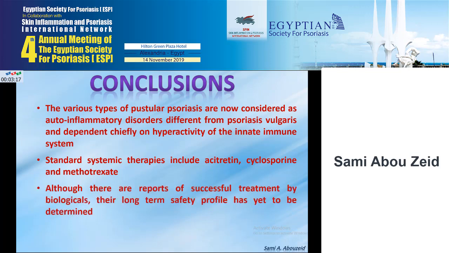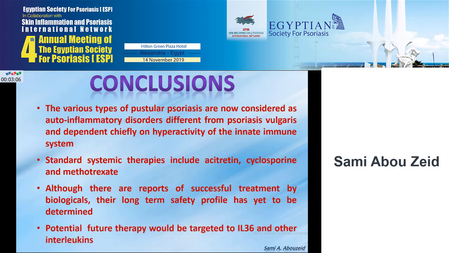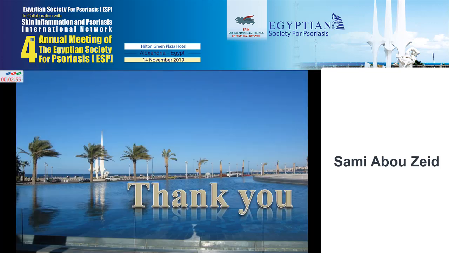Although there are reports of successful treatment by biologicals, their long-term safety profile has yet to be determined. Potential future therapy would be targeted to interleukin-36 and other interleukins. And thank you very much.